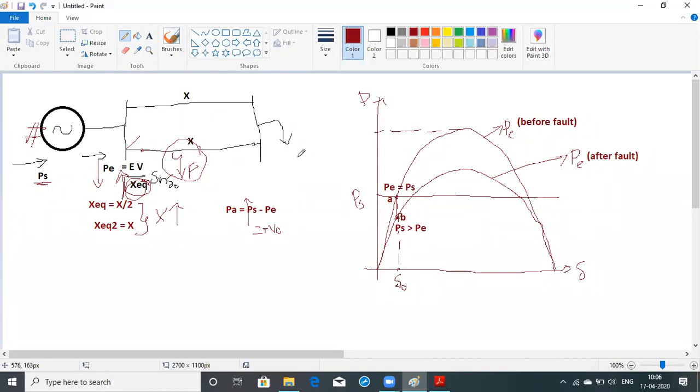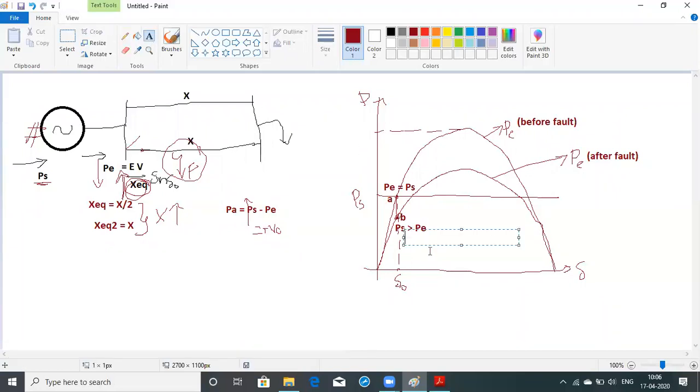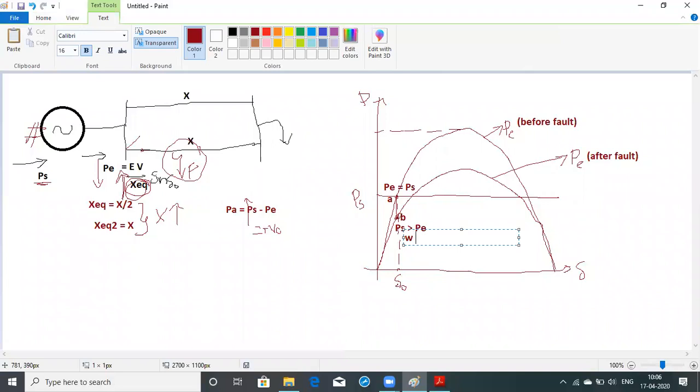Whenever the load is reduced, because one transmission line is removed, the load automatically reduces. So whenever the load is reducing, the speed will increase. So I can write here omega is greater than omega s. Omega s is the synchronous speed. In this condition, omega is equal to omega s.